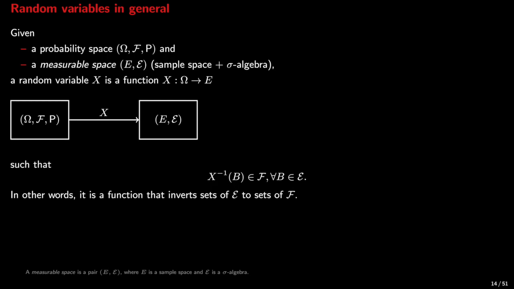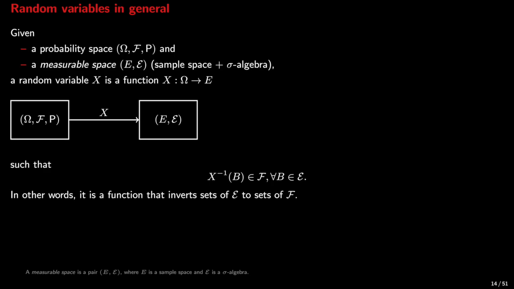There is a formal definition of what a random variable is. I'm stating here the definition again for completeness, but you can proceed without necessarily knowing this definition, if you want to look deeper into the technicalities of probability theory. So a random variable is such a function, as we said above, that inverts all those sets B of the sigma algebra E into elements of the sigma algebra of the original probability space.